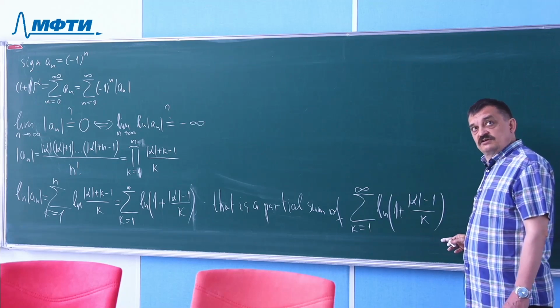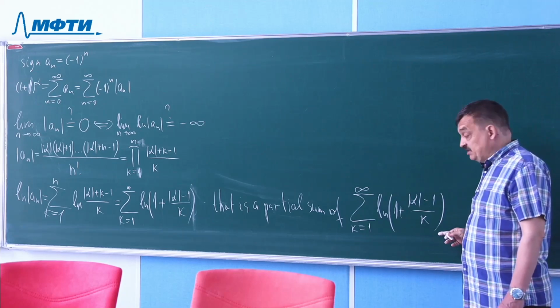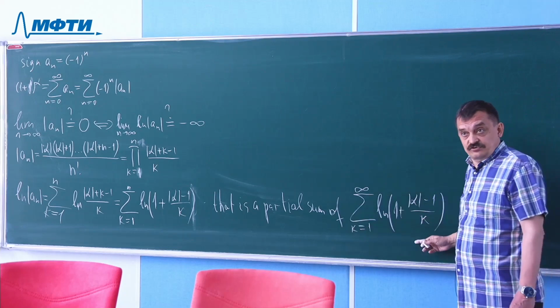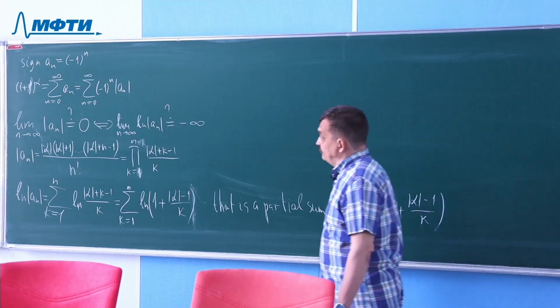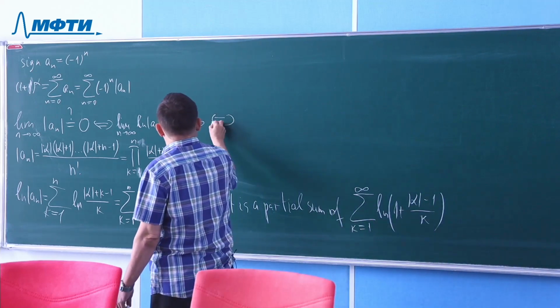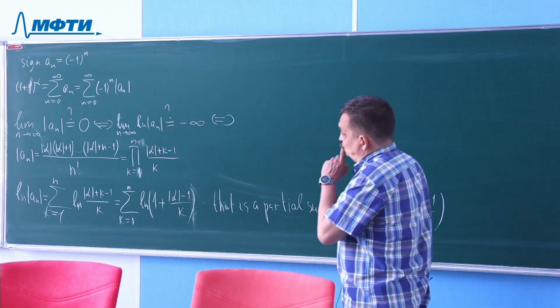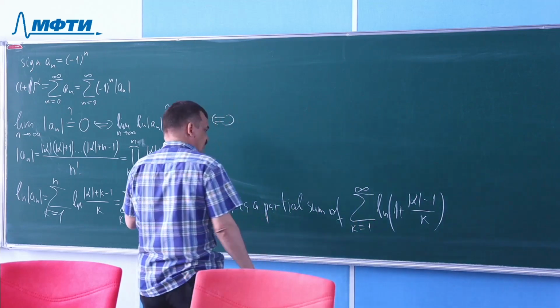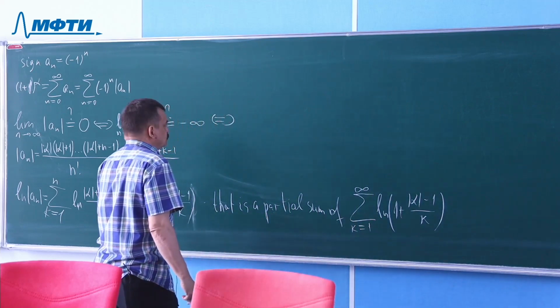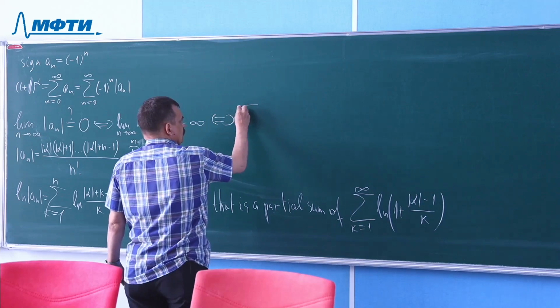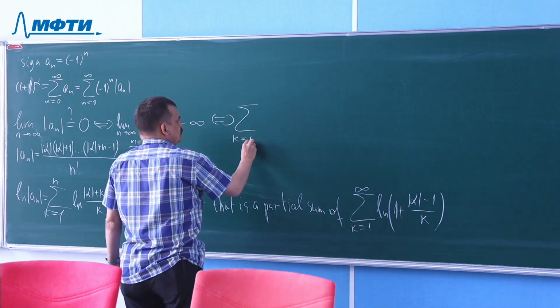And what does an infinite sum of a series mean? It means that the series diverges, right? So hence I can, but be careful. I should write in more detail.